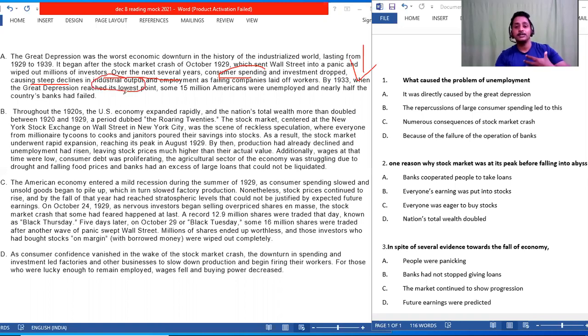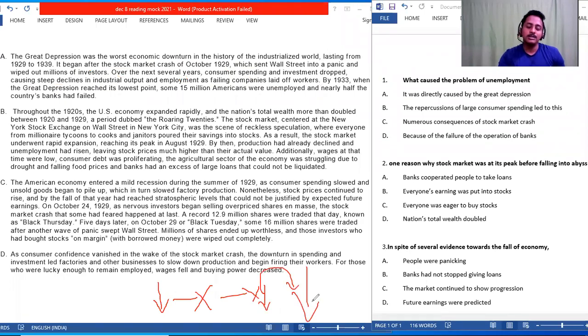Whatever output the industries used to produce decreased because the demand fell. And employment declined as failing companies laid off workers. A lot of things happened. Chain of events: Great Depression, investors gone, then industry's output less, and employment gone.